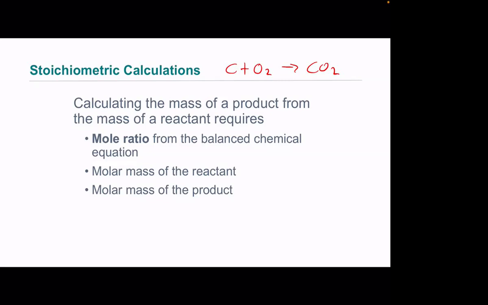But because a mole is just like a dozen, you could say a dozen carbon combined with a dozen O2 to give you a dozen CO2. Or you could say a mole of carbon combines with a mole of O2 to give you a mole of CO2. It's the molar relationship and the number of particles that matters, not the mass.